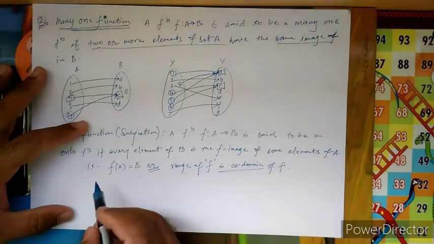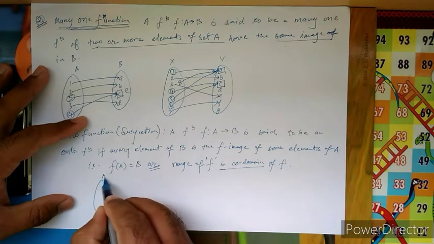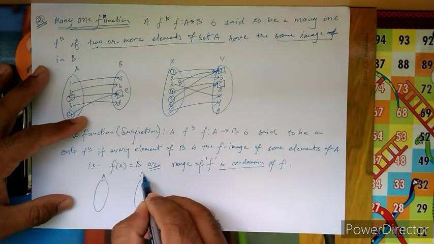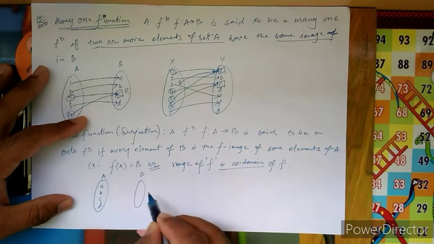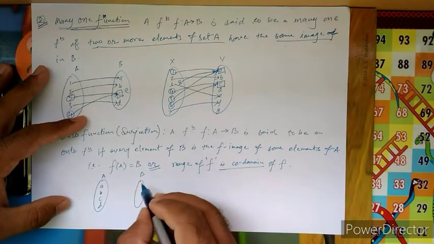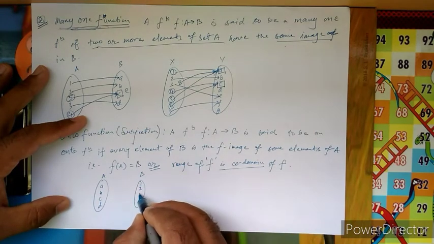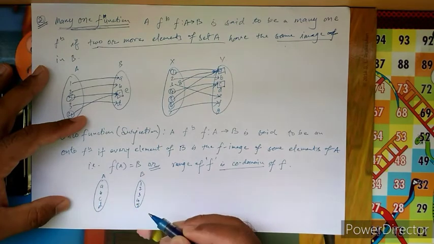Let us have one example for more clarity. This is A, this is B, this is A, B, C, D. Here we have 1, 2, 3, 4, 5.